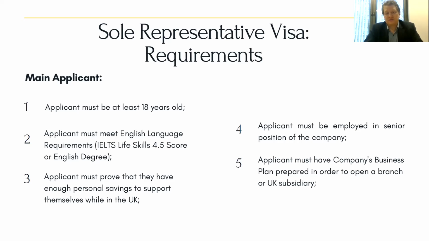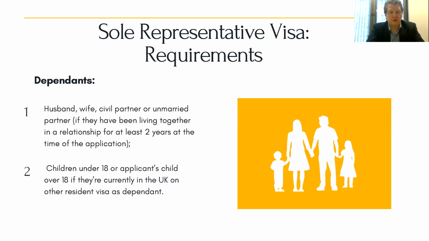And then the applicant must provide the business plan and other documents of the overseas company to open a branch. This is common sense, because with the intention to open a business bank account and open the business in the UK, the applicant must provide certain documents.